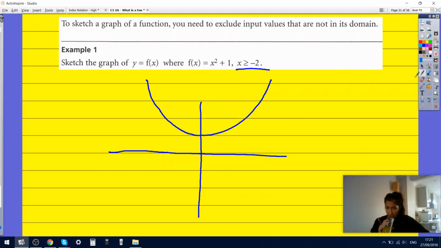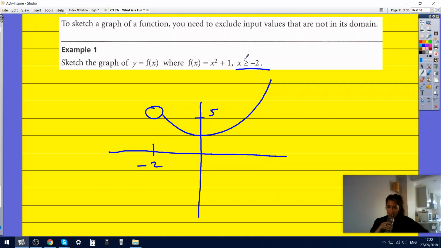And so, let's say this here is minus 2. Let's say this here is 5. And we just put a circle.